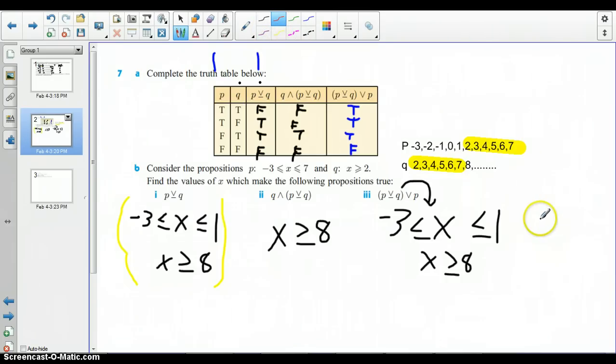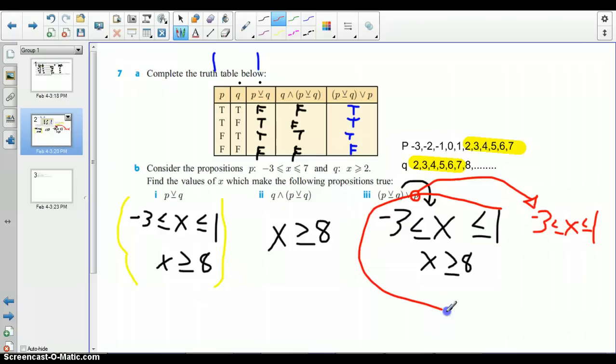Now all values between -3 and 1 make P true. So these are all the values. Basically, these are duplicates of this. So these are all the values that would make this disjunction of the exclusive disjunction of P and Q, or Q, be true.